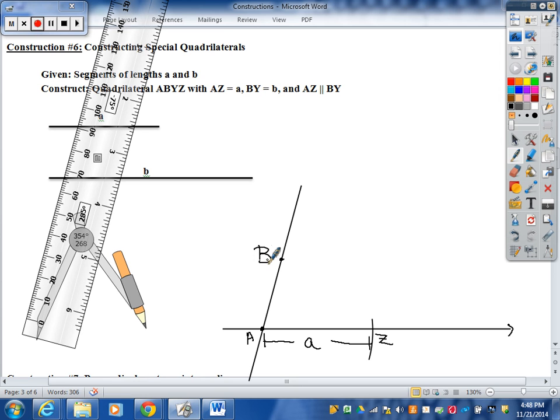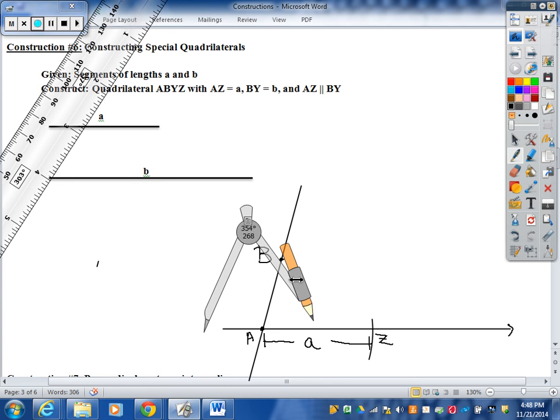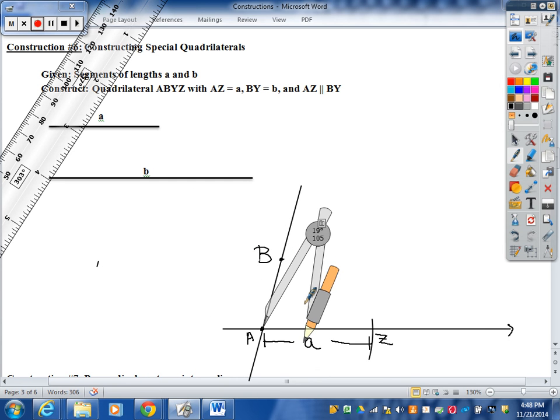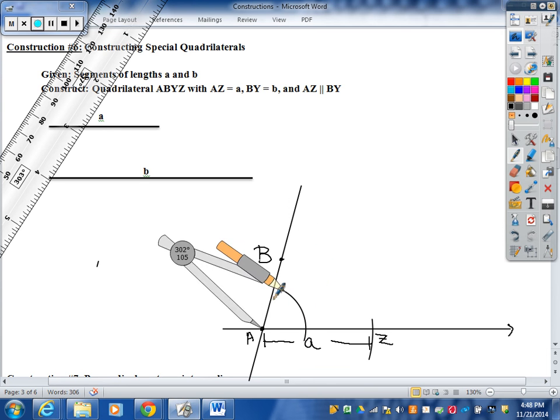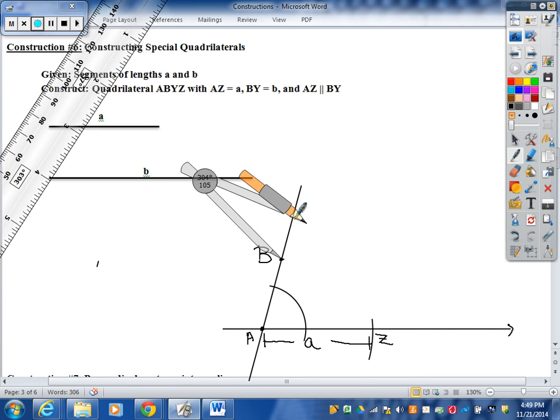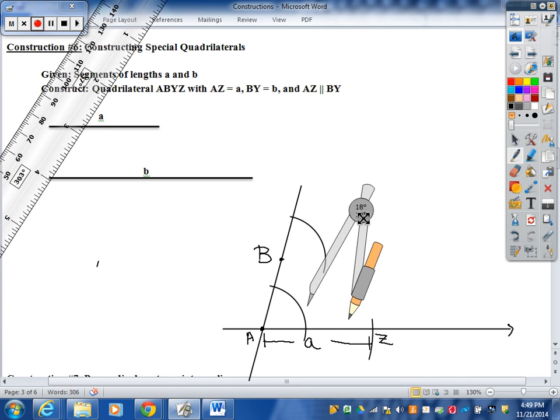Now, as we did in the last problem, because the lines have to be parallel, I'm going to make the corresponding angles congruent. I'm going to duplicate this angle right here up here. So as I move my straight edge out of the way, I'll take this over here. If you remember from the previous presentation, make that arc there and transfer it up there. The next part is the part I don't want anyone to forget.